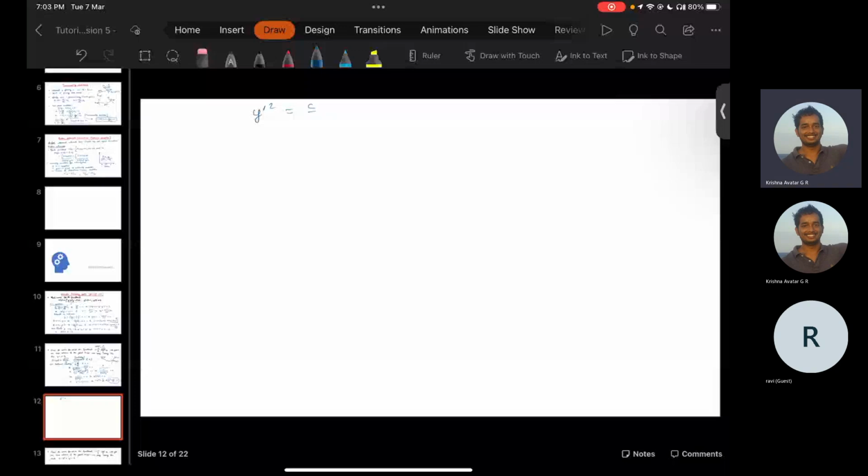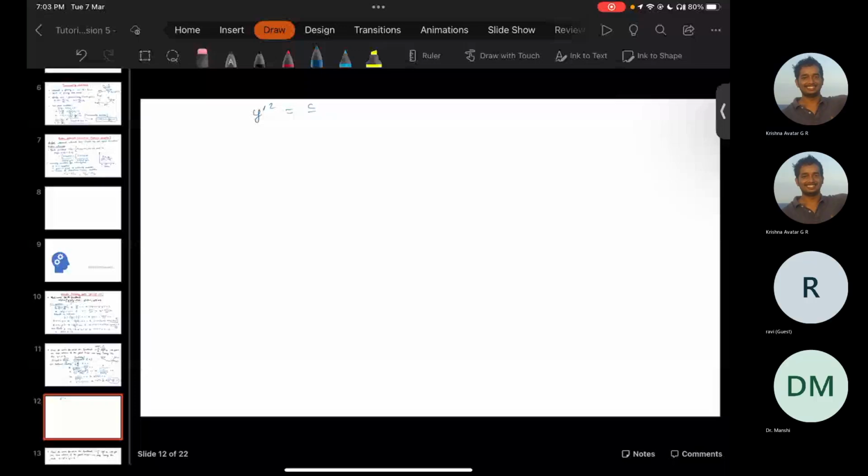So I'll take the positive square root now. And so this gives us y prime is equal to root over c minus y squared by y. Now we'll use again our separation of variable technique.